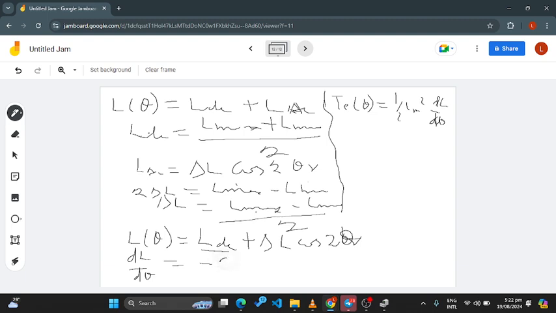So this gives minus 2 change in L sine 2 theta.